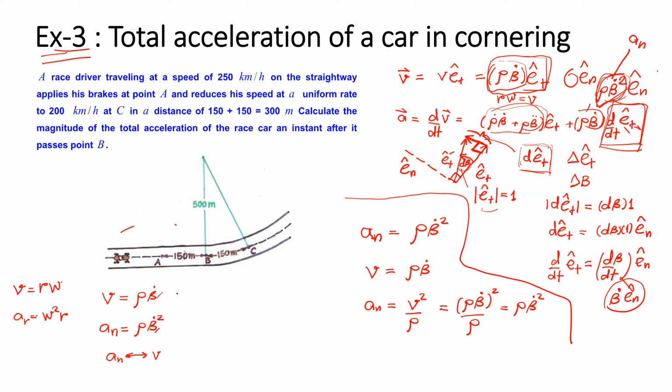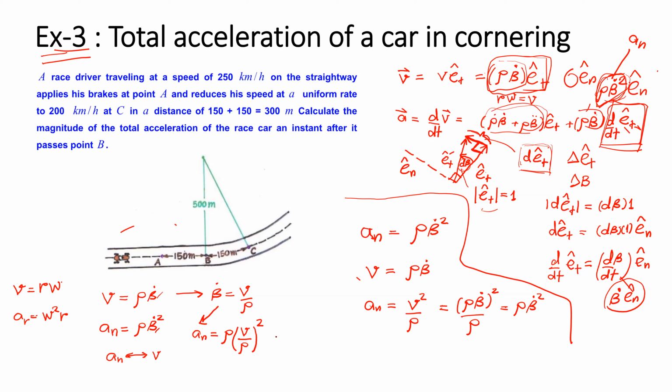So from this relationship, we know that the beta dot, or the angular speed, is equal to the tangential speed divided by the radius. So if you substitute this information to here, the normal acceleration will equal to the radius of curvature multiplied by the tangent speed divided by the radius of curvature, and take the square.